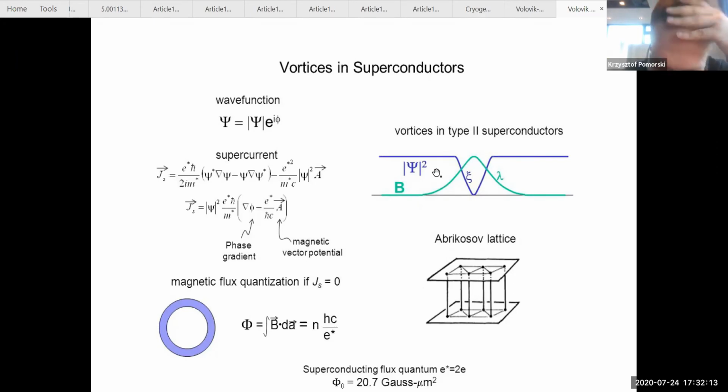The magnetic field is killing the presence of Cooper pairs because it forces electrons in a Cooper pair to rotate in the same direction. So basically it destroys the s-wave superconducting order parameter. It can induce a little bit of triplet phase, but I'm not going to discuss that. So essentially you can have an integer multiple number of vortices in one place, and then you have quasi-classical levels inside the vortex core.